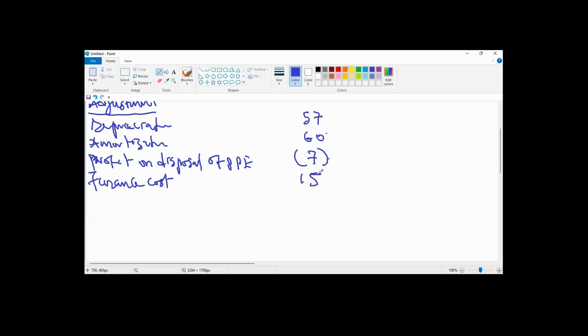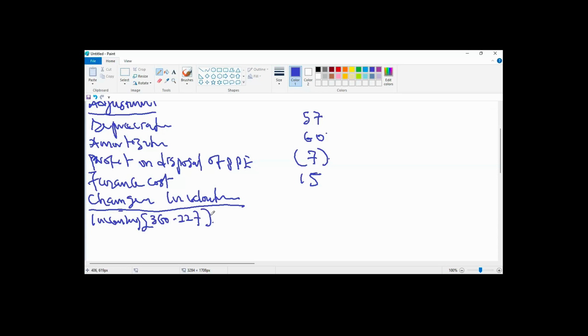Then I will add changes in working capital. Inventory. What is inventory at the beginning? 227. At the end, 360. 360 minus 227 is 133.